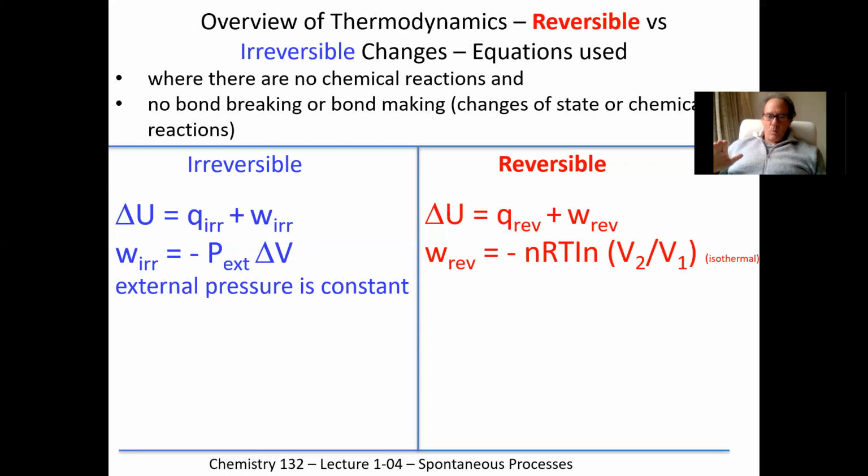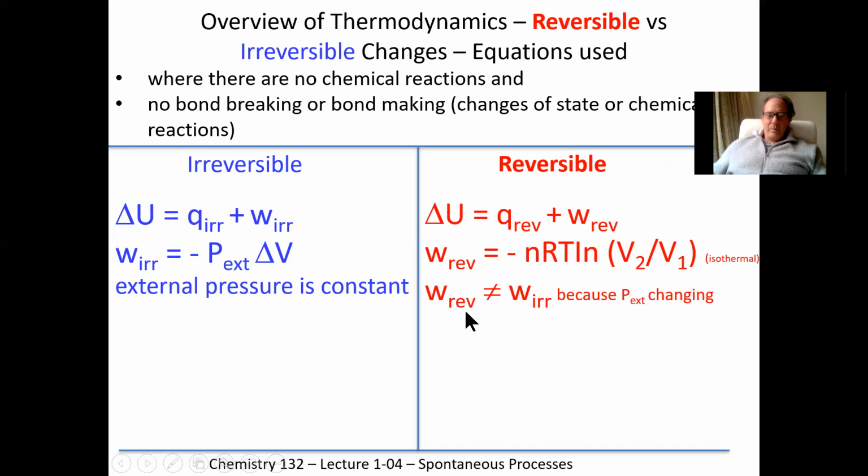We can find the work by looking at the area underneath that curve. We can use calculus. We've derived this formula so that the work is equal to minus nRT ln V2 divided by V1 for an isothermal system where the temperature is not changing.